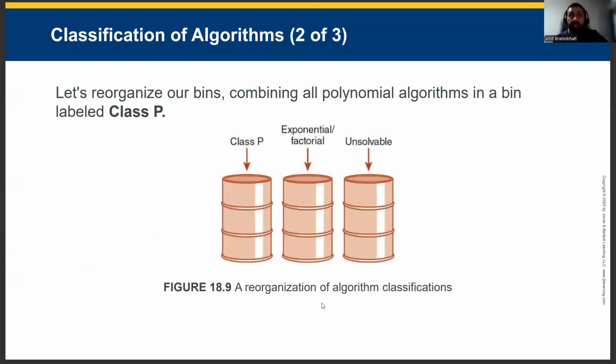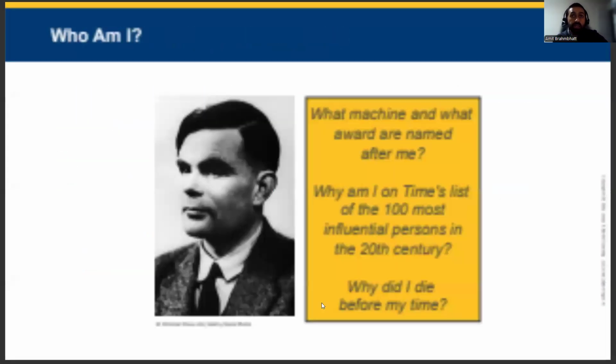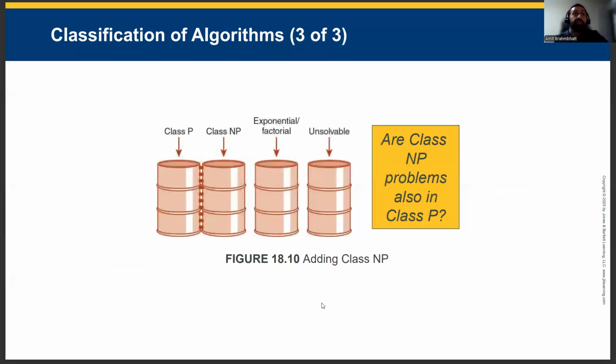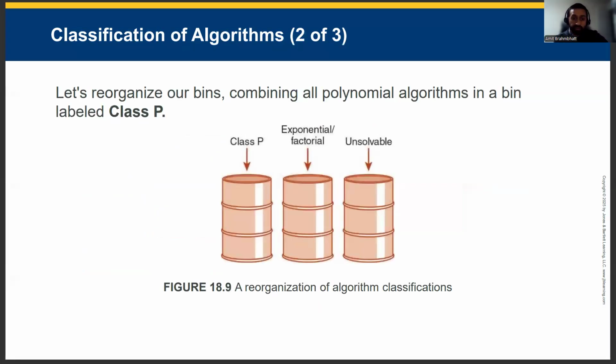Let's recognize our bins, combining all polynomial algorithms in a bin labeled class P. The diagram helps visualize how problems are grouped based on their computational difficulty. Class P represents problems we can solve efficiently with current computing models.